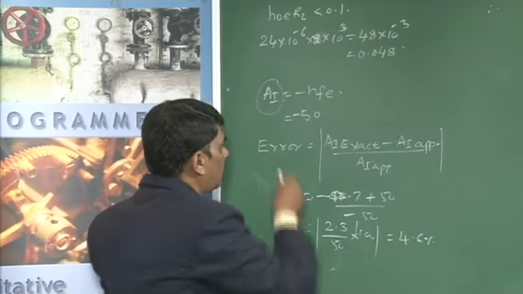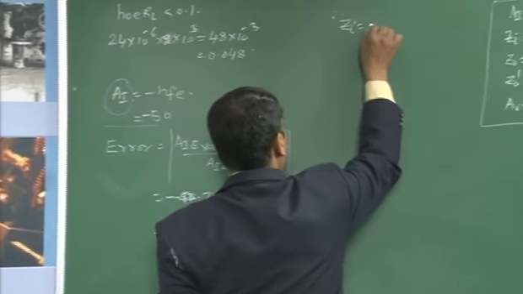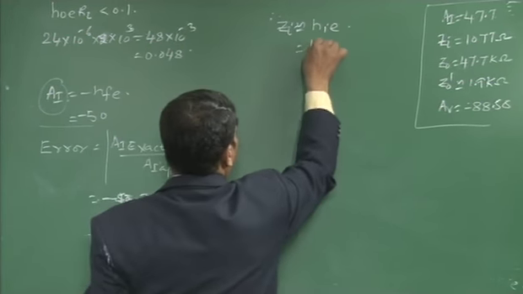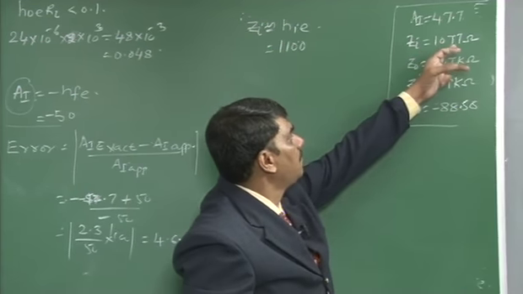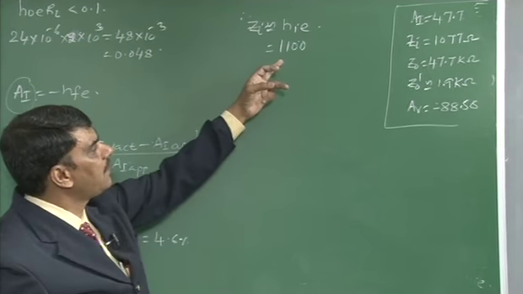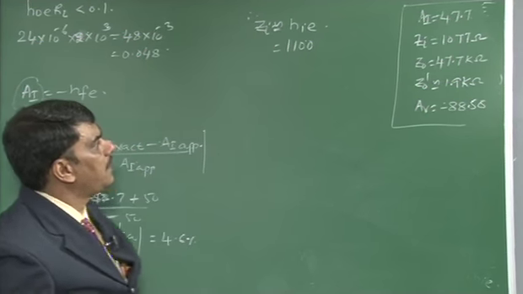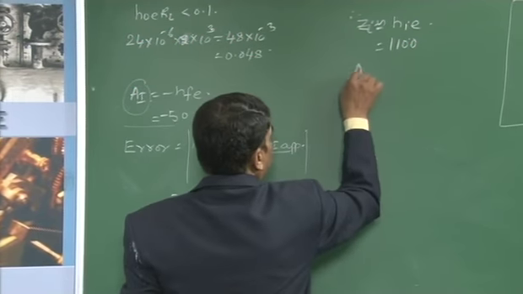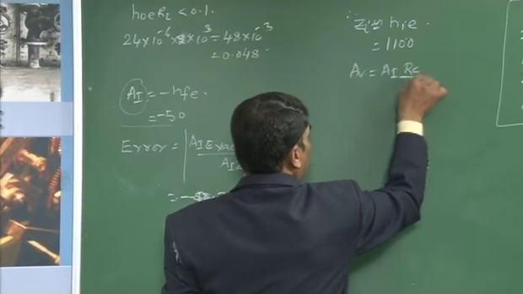For the other parameters, the input impedance Zi is approximately equal to hie. This is equal to 1100. If you consider the ratio 1100 minus 1077 by 1100, that is just 33 by 1100, that error is less than 3%. The voltage gain AV is equal to AI into RC by Zi.